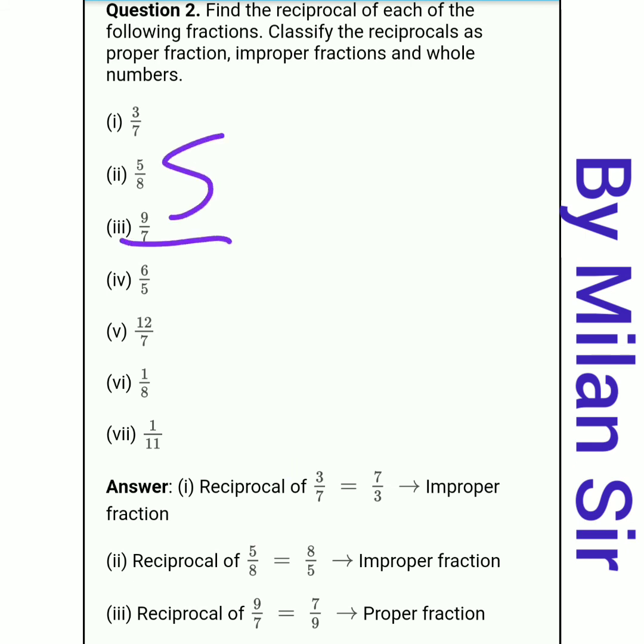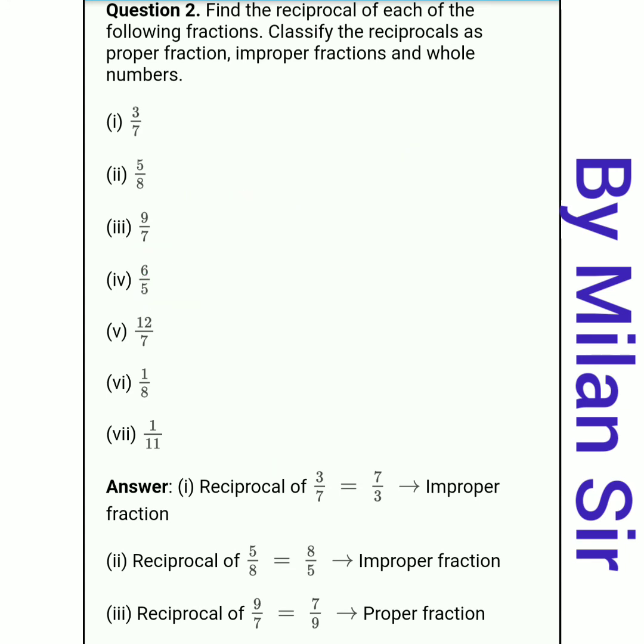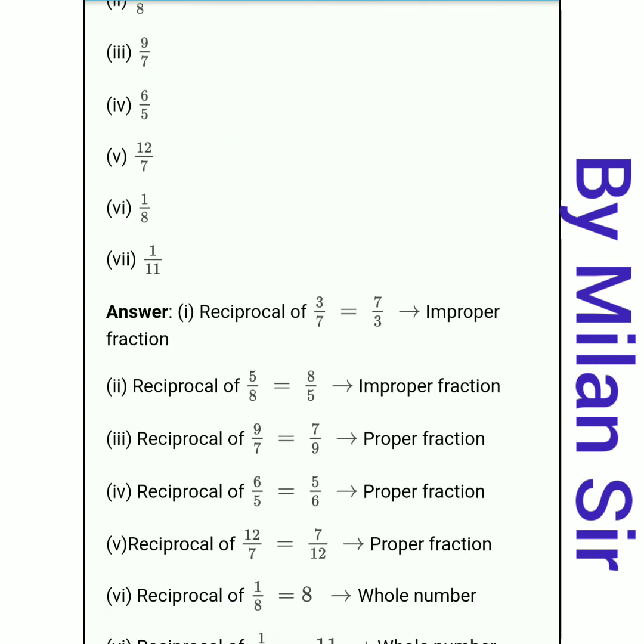Second question, 5 by 8. Now reciprocal, so 8 by 5, right? Numerator and denominator we need to change. Now here again, the numerator is greater than the denominator, so it is an improper fraction. Question number 3, 9 by 7.